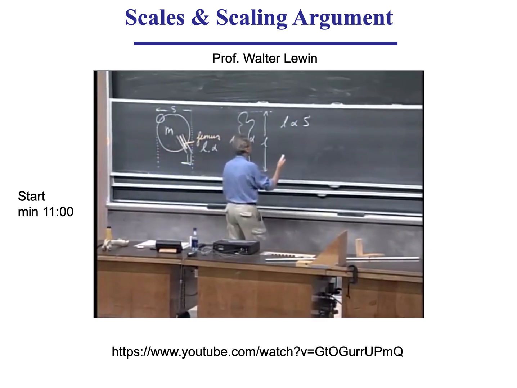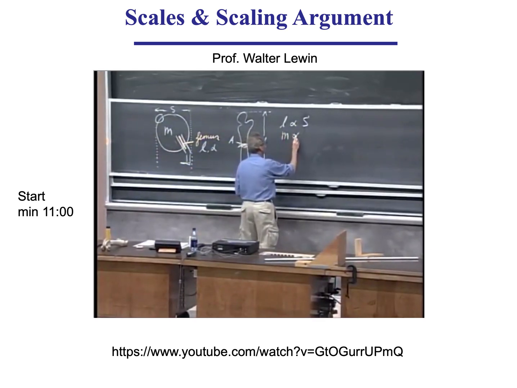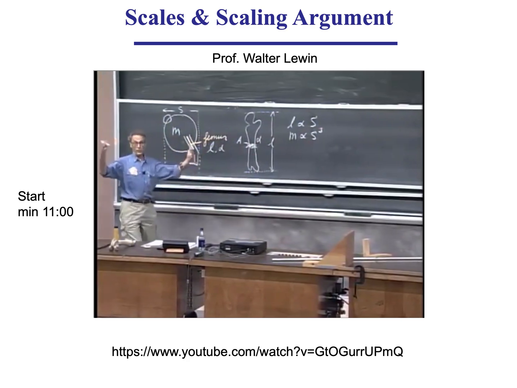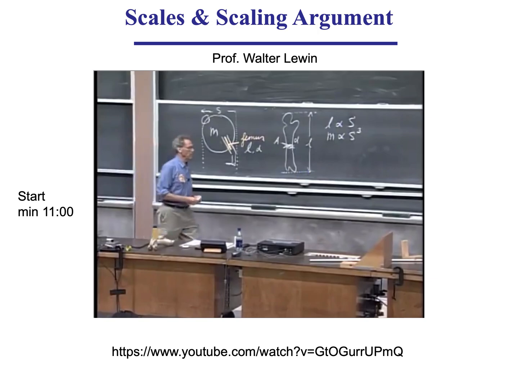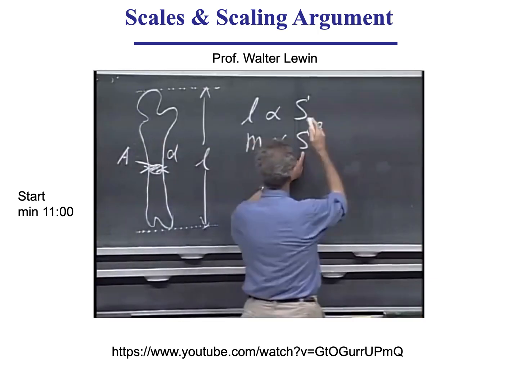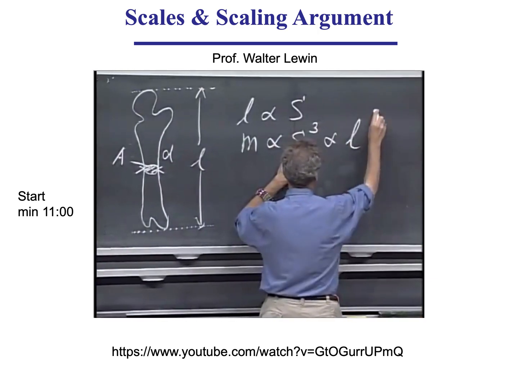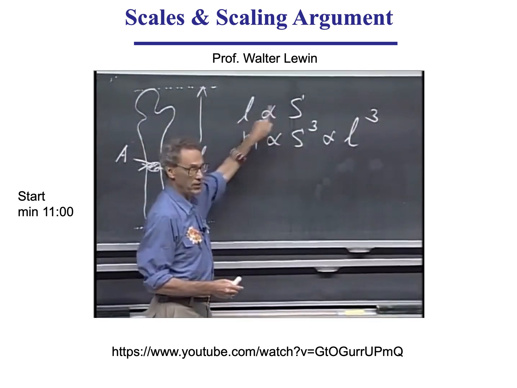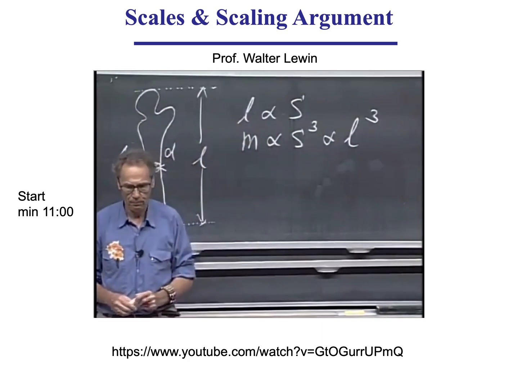It is also very reasonable that the mass of an animal is proportional to the 3rd power of the size, because that's related to its volume. And so if it's related to the third power of the size, it must also be proportional to the third power of the length of the femur, because of this relationship.